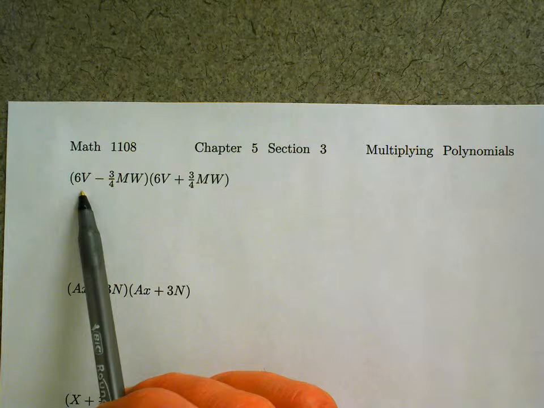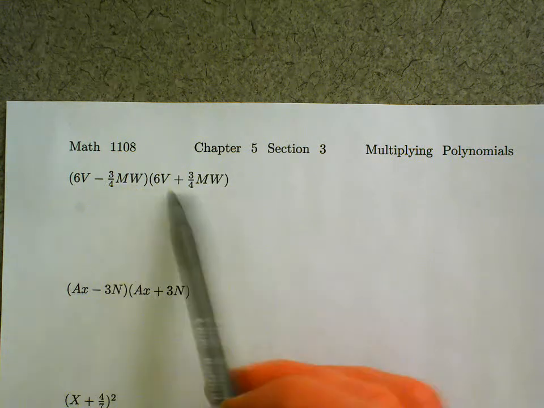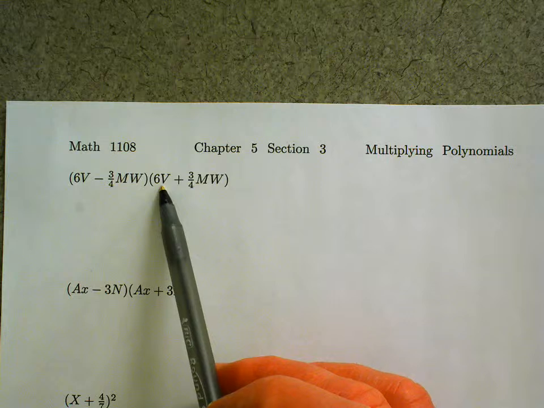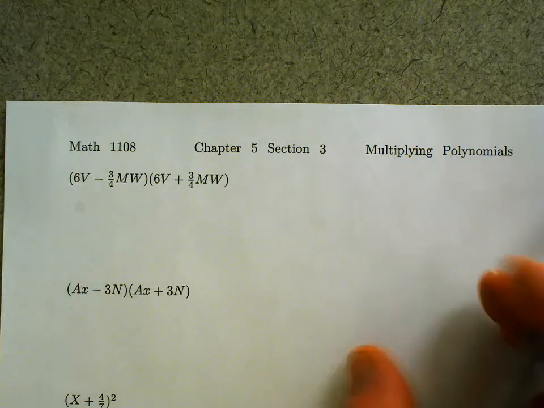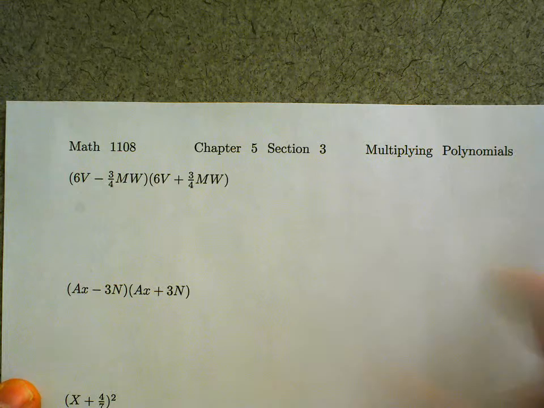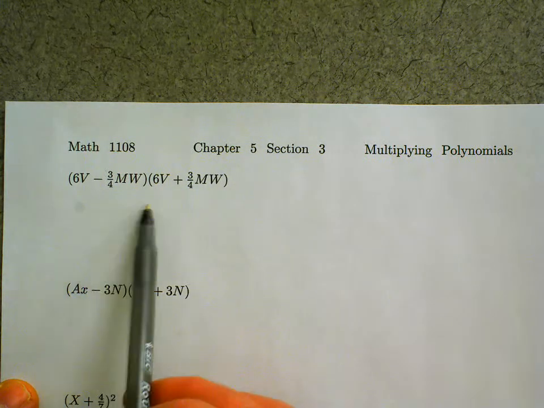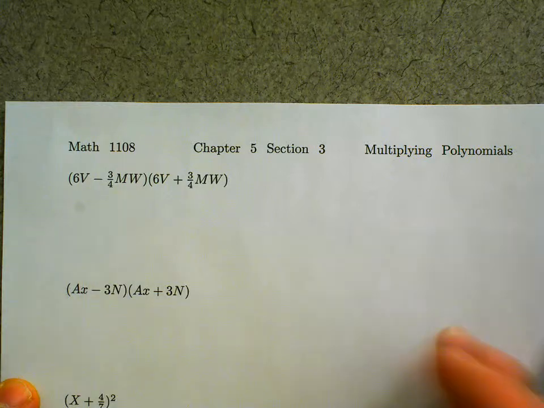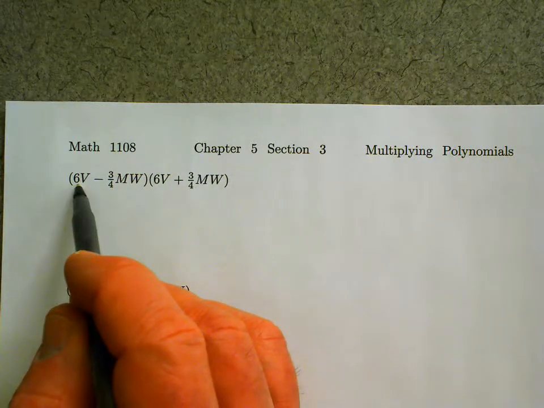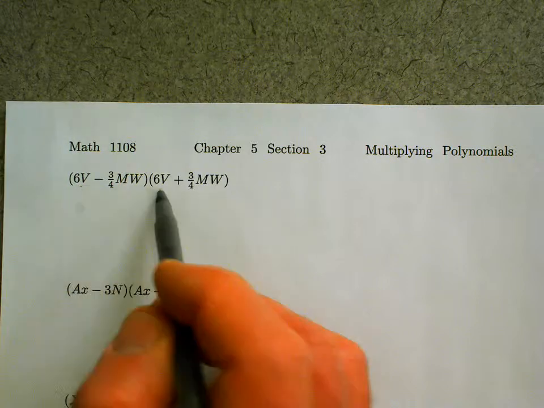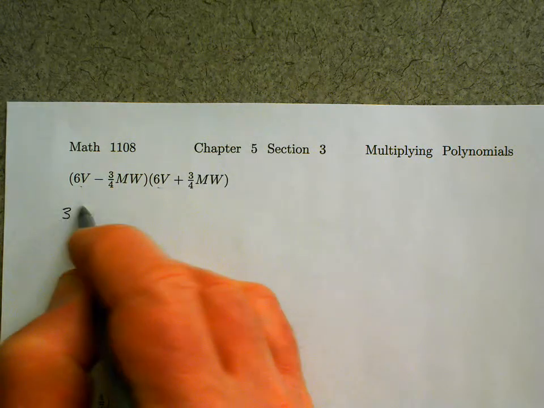One binomial is 6b minus 3/4 mw, and the other binomial is 6b plus 3/4 mw. So note, these are conjugate binomials. But let's go ahead and multiply it all out. First, multiply 6b times 6b. We get 36b to the second.